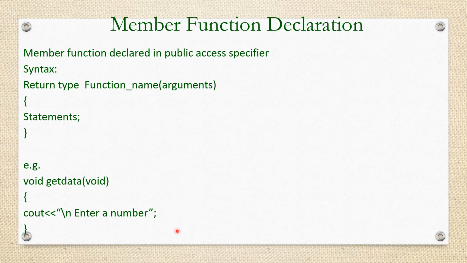Suppose you want to display any value to the user, then the member function name can be display or show data 1. Suppose you are calculating the circumference of a circle, then give the particular member function the name calculate or display.